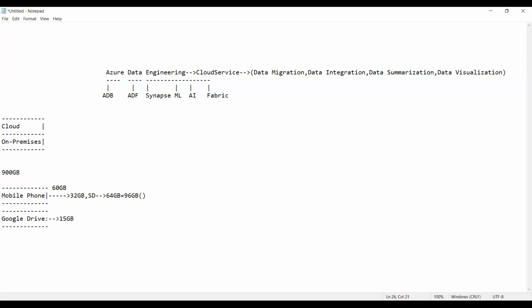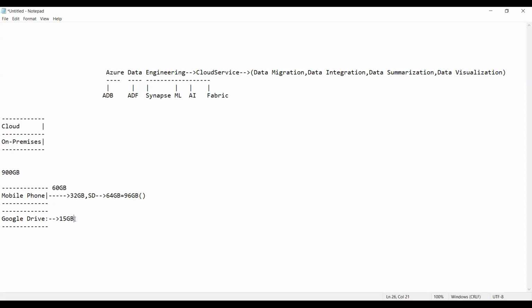But beyond the 15 GB, can you store it? Yes, we can store, but we need to pay the cost for it. We can store as much data as you want, but we have to pay the cost. Free is 15 GB only.